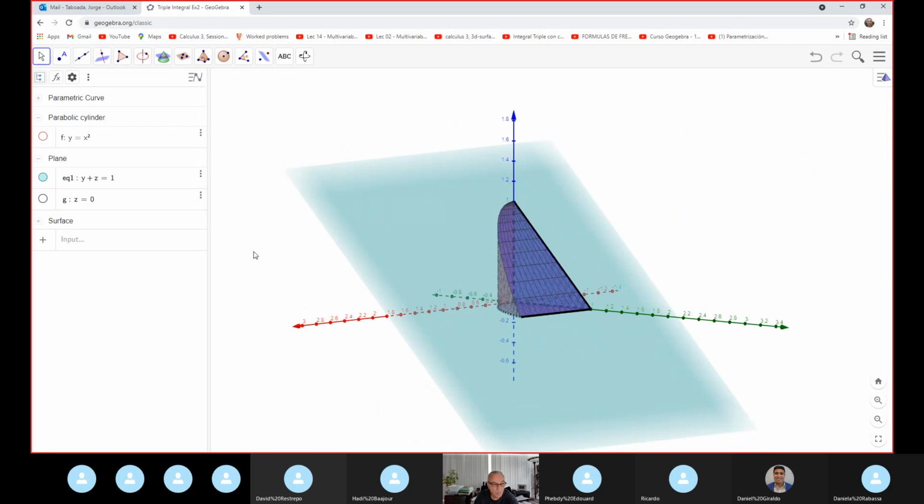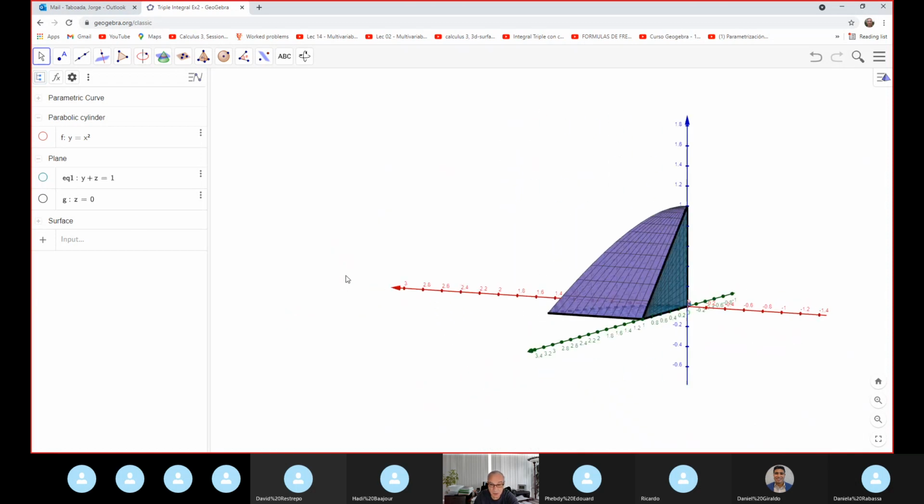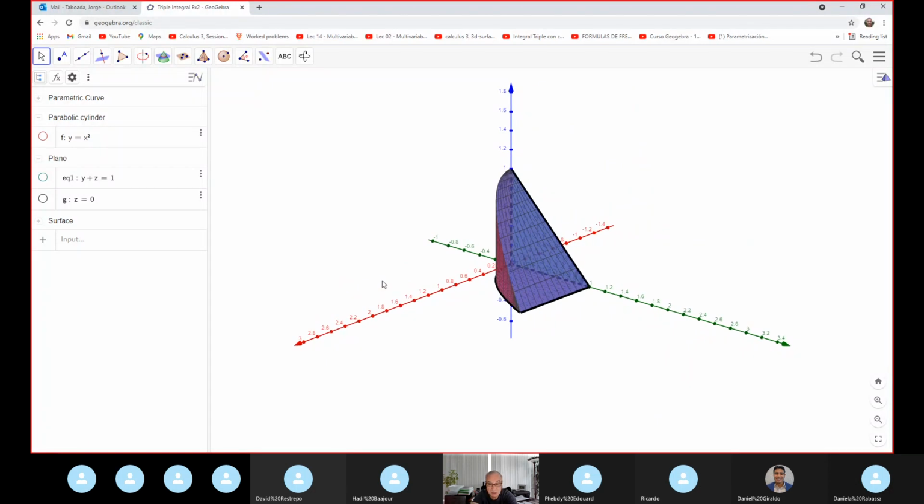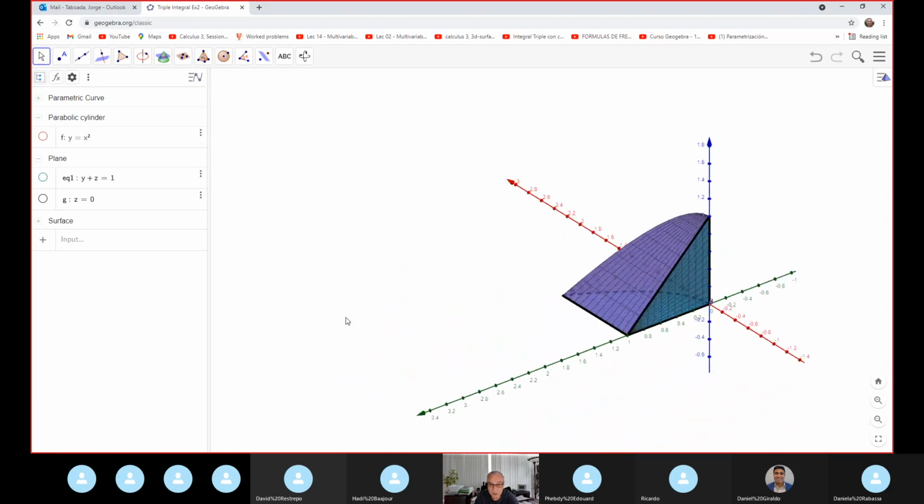And let me remove the plane to see the solid. And this is my solid. I try to send this script in Geogebra, and you can see it here in surface. This is very complicated. Okay, this is beyond the scope of this course, how you are doing the phases of this solid. Let me try to rotate to see the solid.